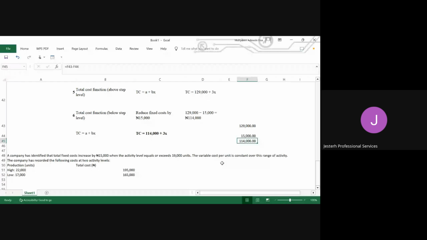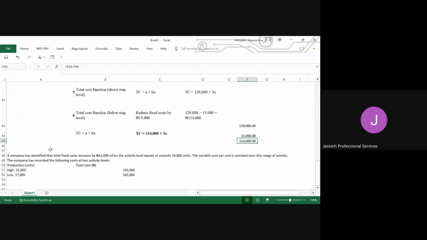They can just say the organization decided to increase the fees cost with a certain amount of value. Let's just start with 15,000 when the level of activities equals or exceeds 19,000.